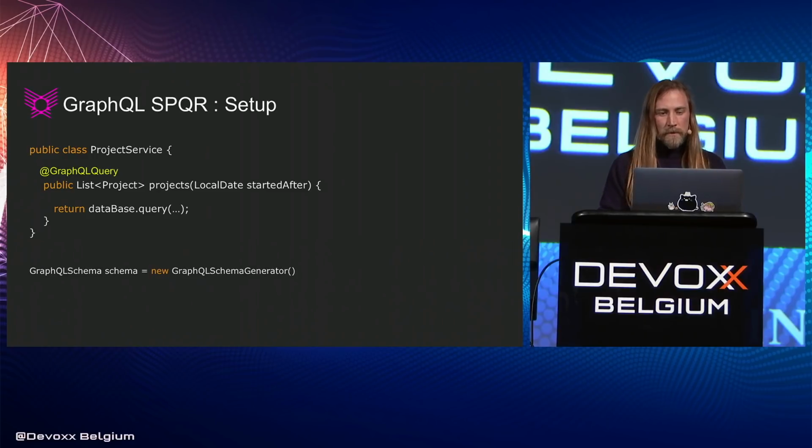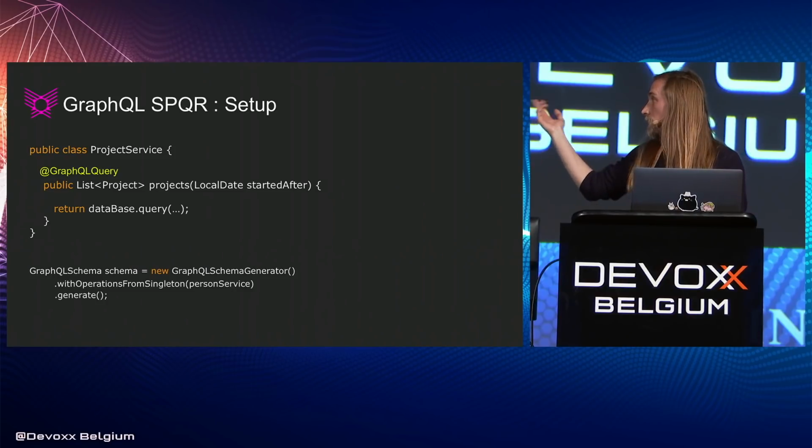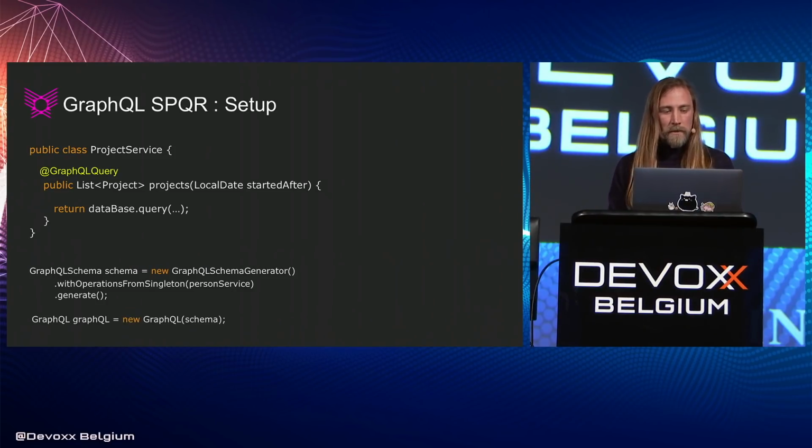So from there on, you can start creating your schema. Schema is basically the thing that you fire the queries against. So this is what you query, actually. So in order to get an executable schema, all you have to do is register this object with annotated methods that we would like exposed. And that's it. You register the instance and you generate the schema, and from there you can create the actual GraphQL runtime object.